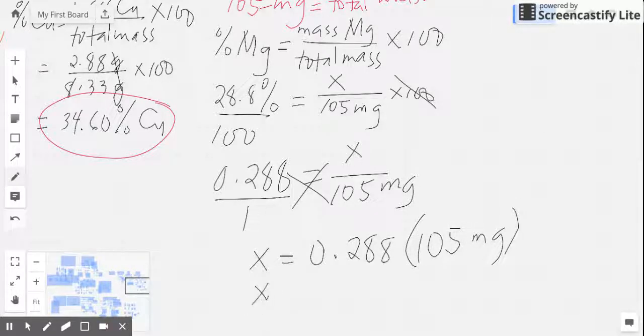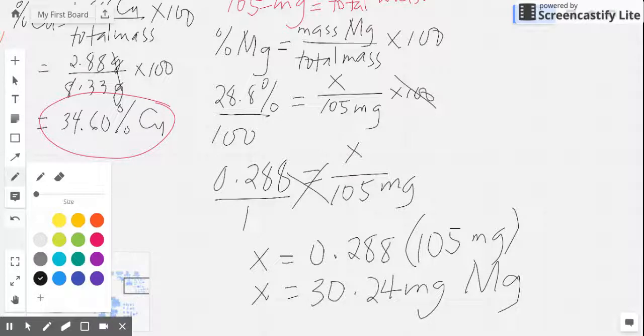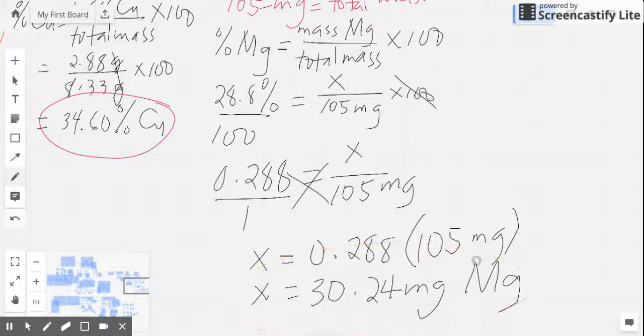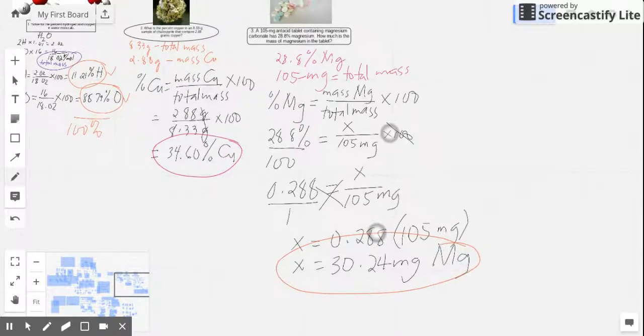So X, which is the mass of magnesium, is equal to the product of 0.288 times 105 milligrams. And so you will get 30.24 milligrams of magnesium.